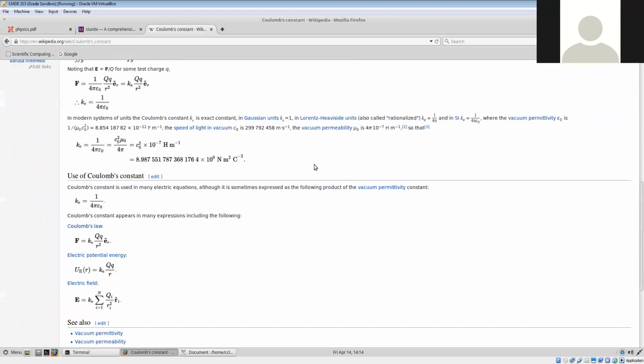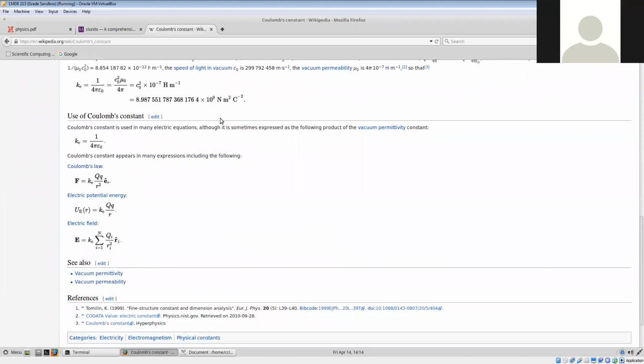Where's the numerical? Here we go. Oh my. So it's 8.99 times 10 to the 9 Newton meter squared per Coulomb squared. So let's format Coulomb's constant.